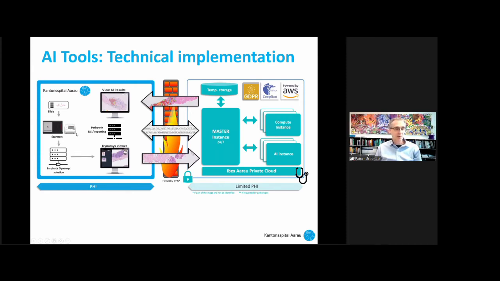The problem can be that the scanner profiles you have in your lab do not match the requirements of your AI algorithms and software. So that might need some adaptation, which again influences your workflow and might prolong your scanning profiles and then your whole workflow.